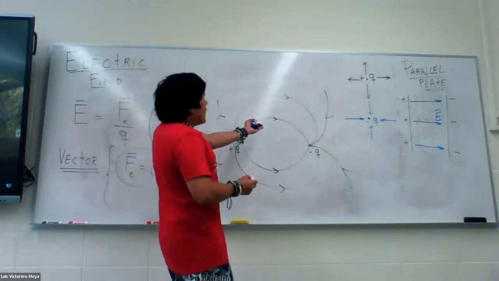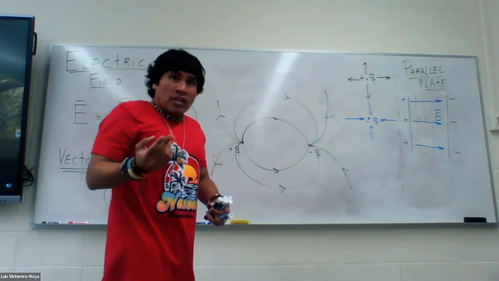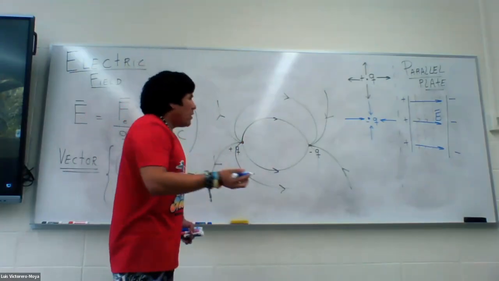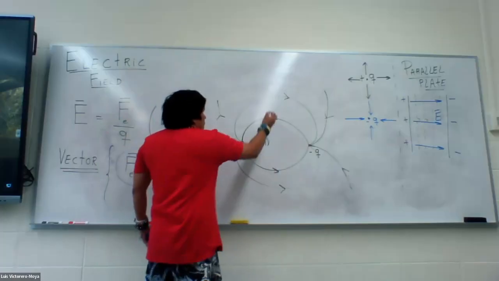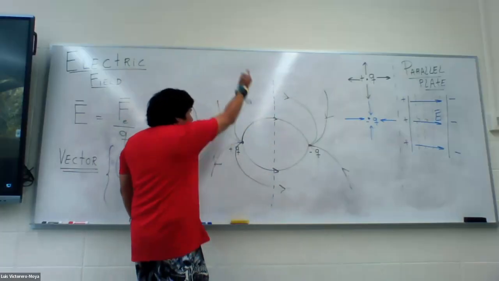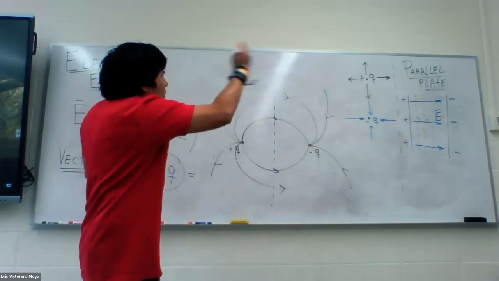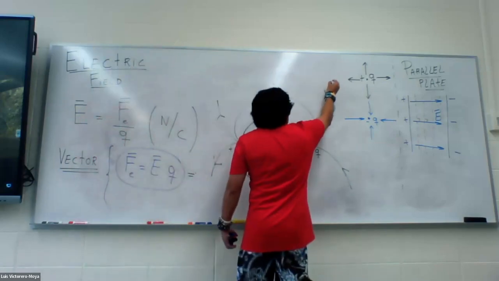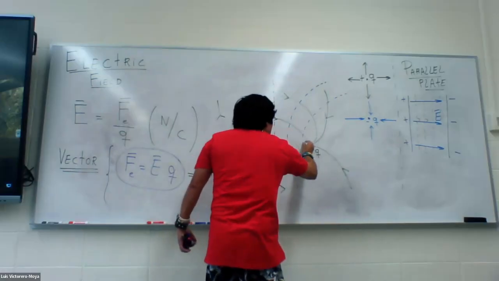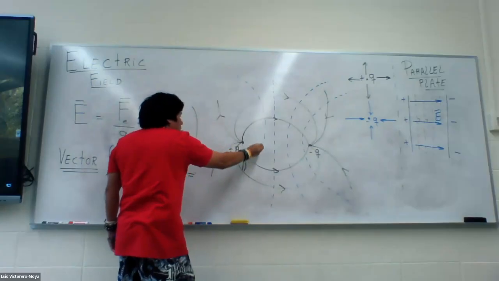Now, how do I know they look like this? Well, as I said over there, equipotential surfaces. Using a voltmeter in the lab, we can trace the electric field lines. One in the middle happens to be completely vertical. But then as we go to the right or to the left, this is what we find. We find that they become circular.